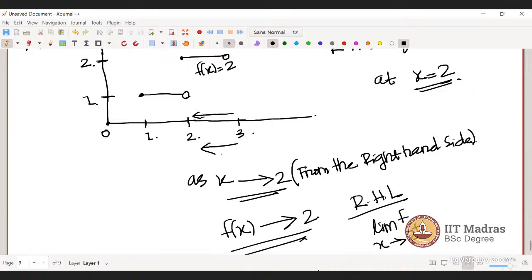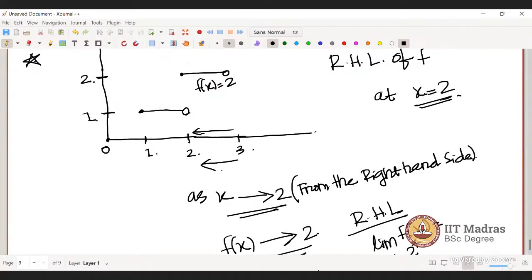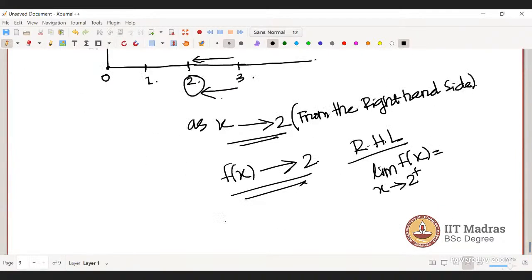It's 2, because that is the definition of right hand limit. If you are coming to 2 from the right hand side, f of x is basically exactly 2. So that's why the right hand limit is 2.